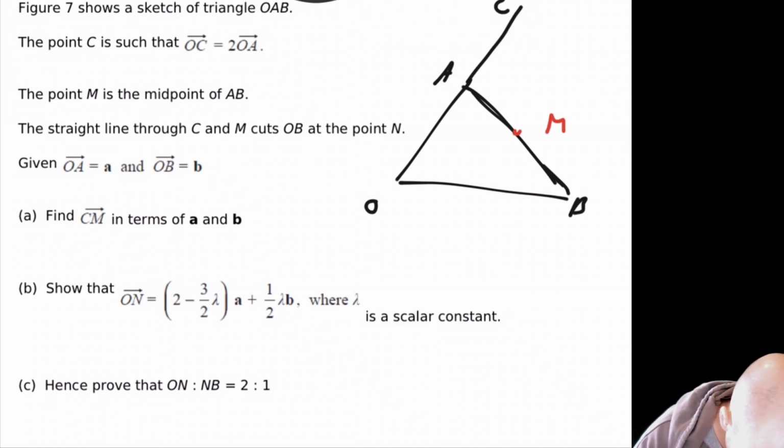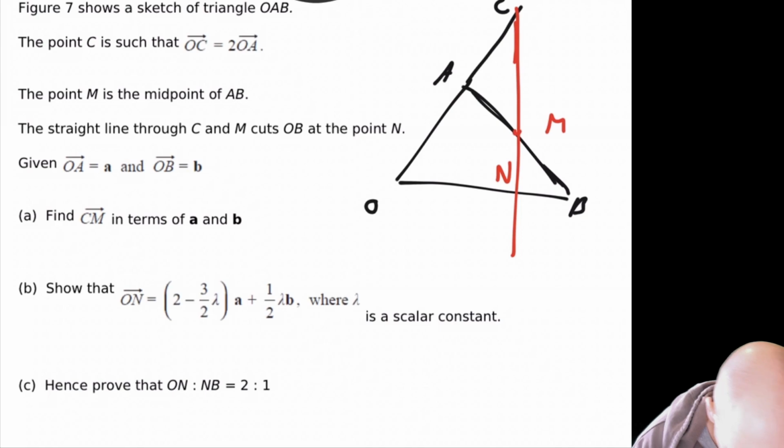And we know a line from C cuts OB at the point N. Okay, OA is A and OB is B, find C to M. So C to M, we could go C to A to B. So let's write out a plan for this.